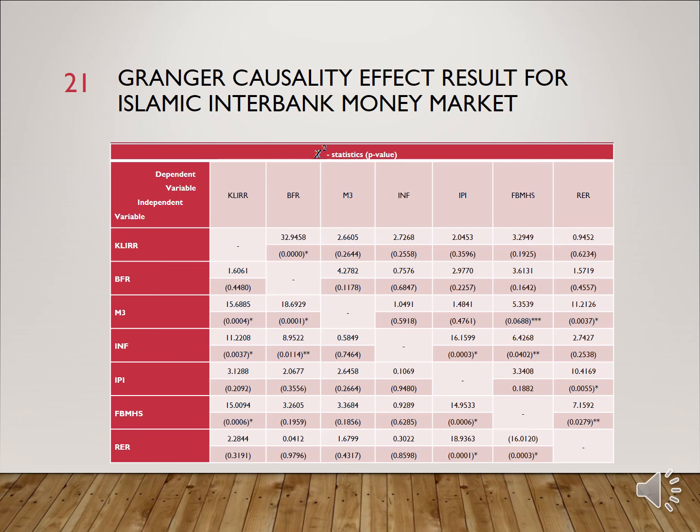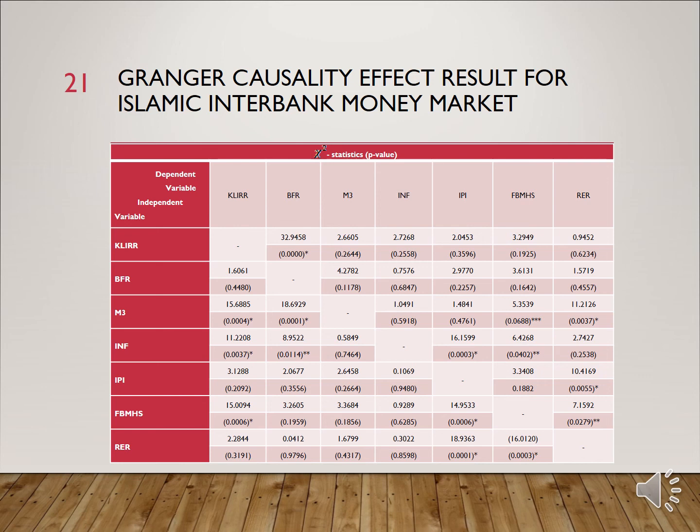The result is different from the conventional interbank money market rate. We found unidirectional interaction also between the Islamic interbank rate and the inflation rate, running from inflation rate to the Islamic interbank rate. This implies that inflation rate fluctuation Granger caused the fluctuation in the Islamic interbank rate.